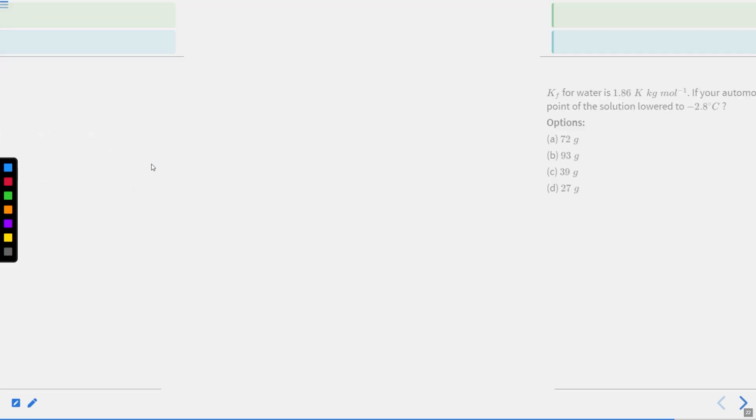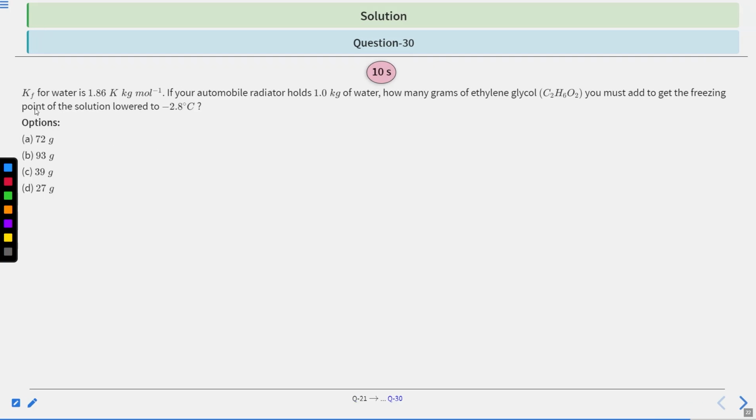Okay, let's move to question number 30. Kf for water is 1.86 Kelvin kg per mole. If your automobile radiator holds 1 kg of water, how many grams of ethylene glycol, C2H6O2, must you add to get the freezing point of the solution lowered to minus 2.8 degrees Celsius? So we have to find the mass of the ethylene glycol which we need to add.